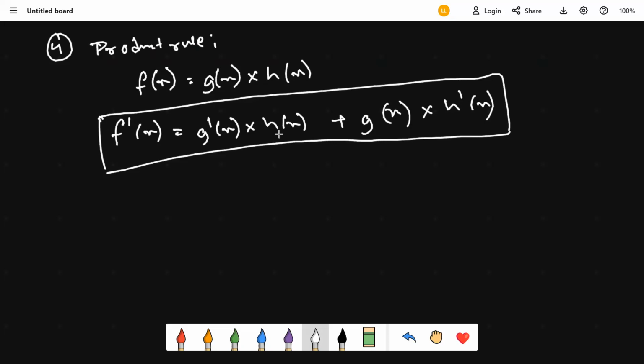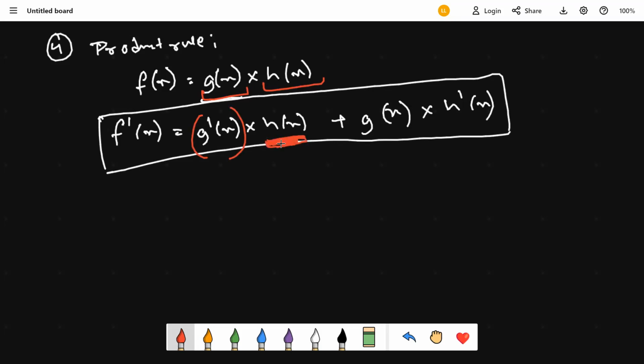So what does the product rule say? It says if we have a function where we have, let's say, two expressions, g of x in one part and h of x in another part, then the differentiation of this whole function f of x is the differentiation of that first part, and the other part remains just simply there, it doesn't change.